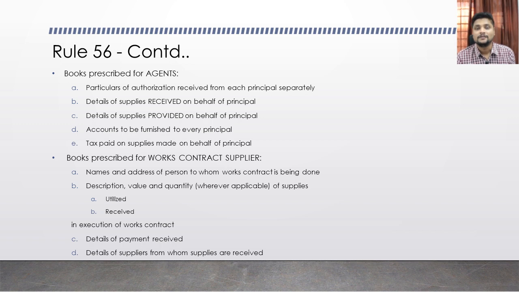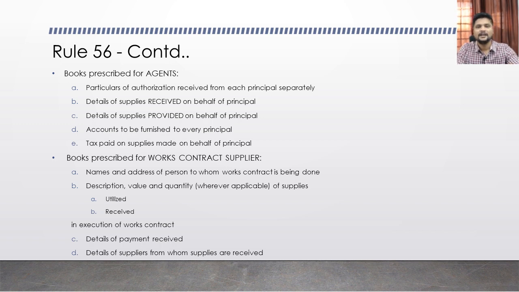Whatever goods are purchased as well as whatever goods are utilized in performance of the works contract, both have to be separately maintained. Then the details about the receipt of payment from the customer also have to be maintained, and the details of the suppliers from whom the supplies are received.